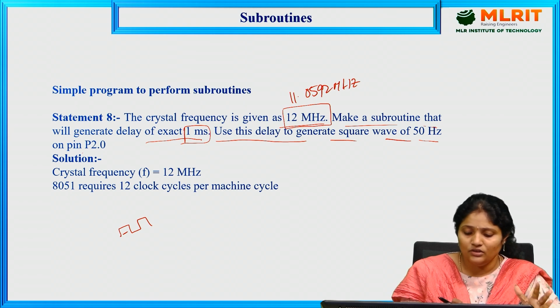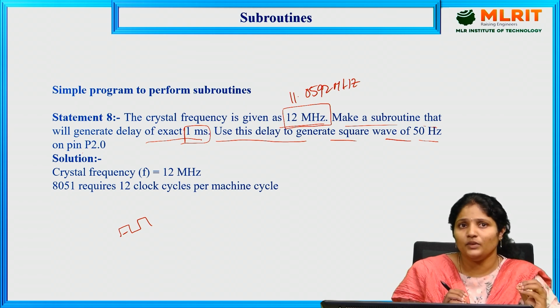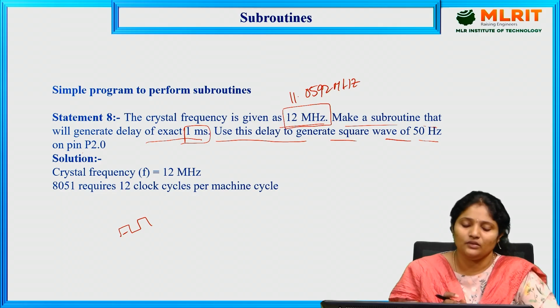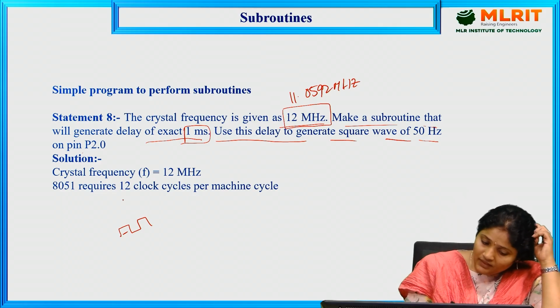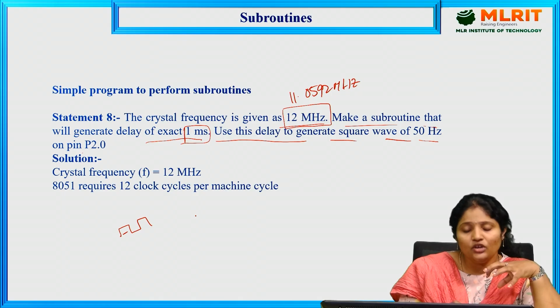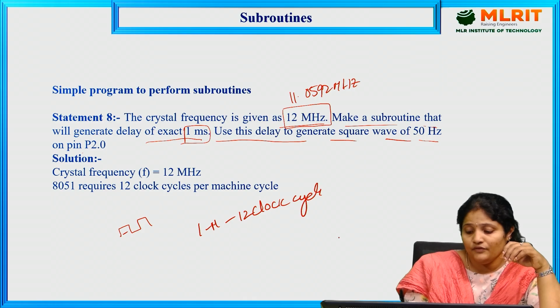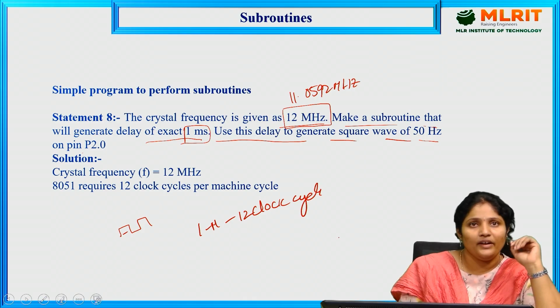There is a clear-cut way to provide the 1 millisecond delay. The 8051 requires 12 clock cycles for one machine cycle.